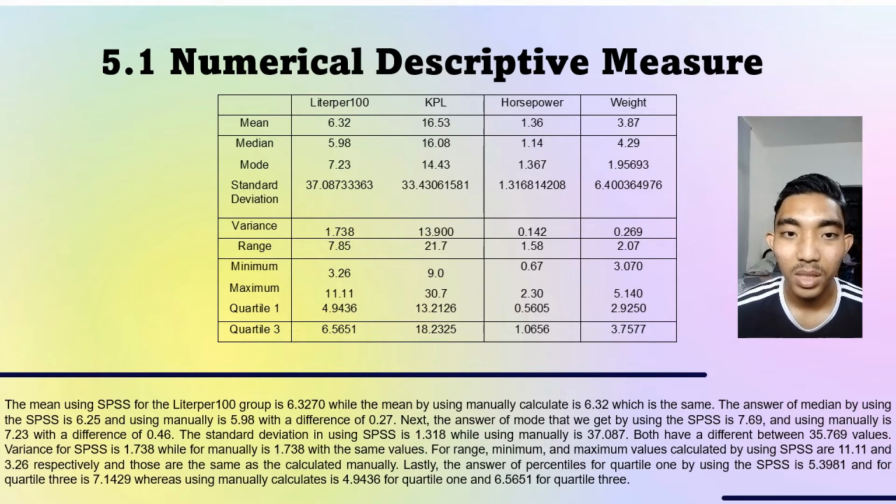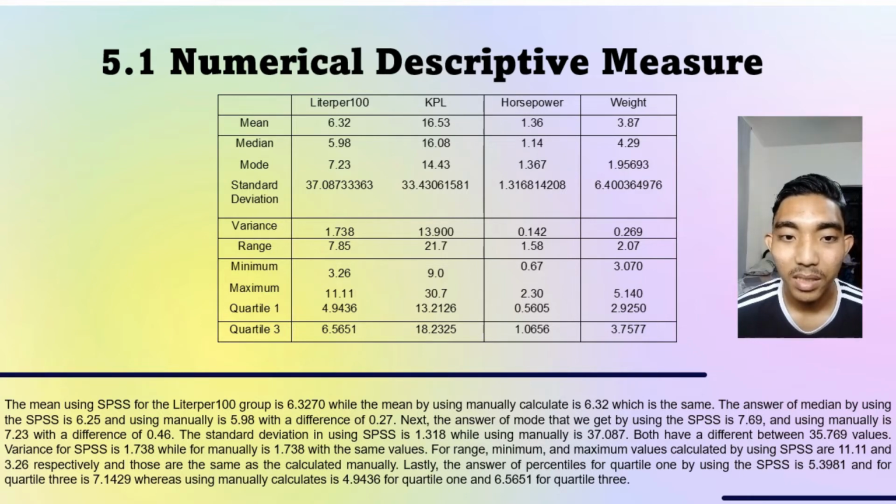The median using SPSS is 6.25 and manually is 5.98, with a difference of 0.27. Next, the mode using SPSS is 7.69 and manually is 7.23, with a difference of 0.46.